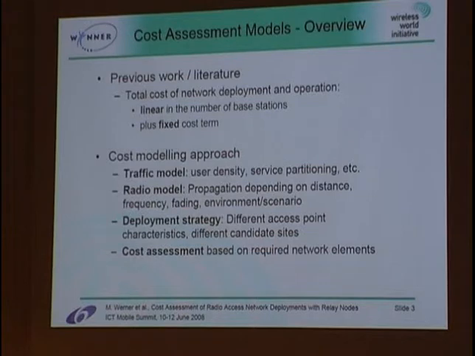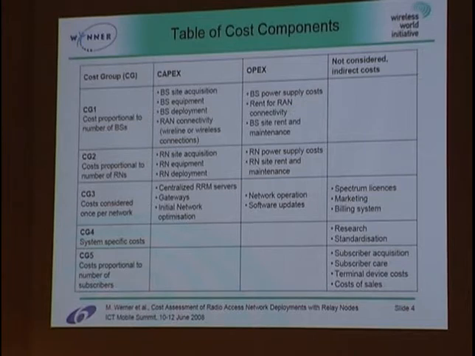If we set all these constraints, we can then do a cost assessment based on the network elements that are required to cover the demand of the traffic. I will show you in this paper how this goes.